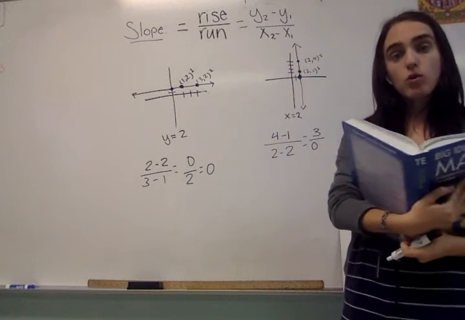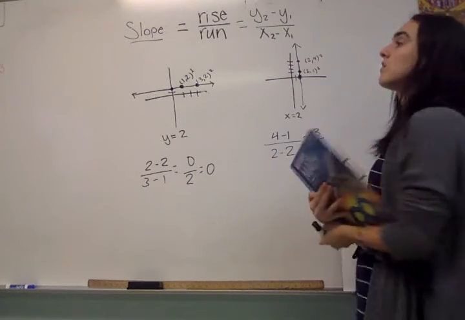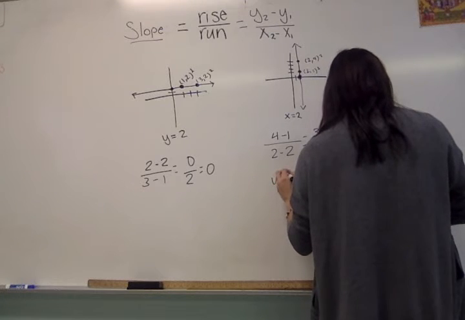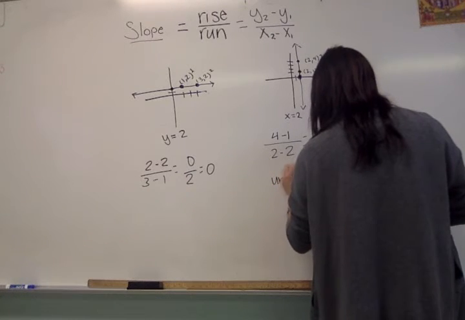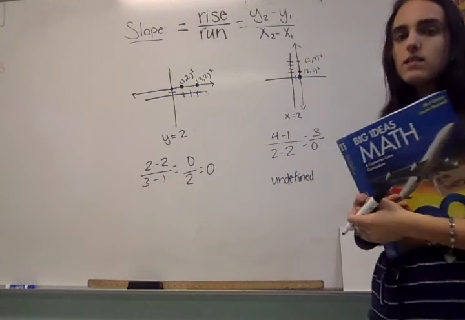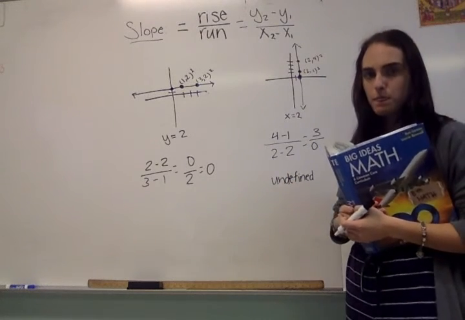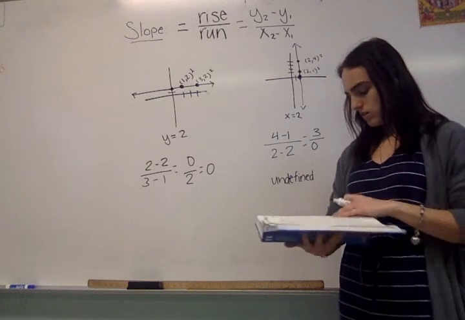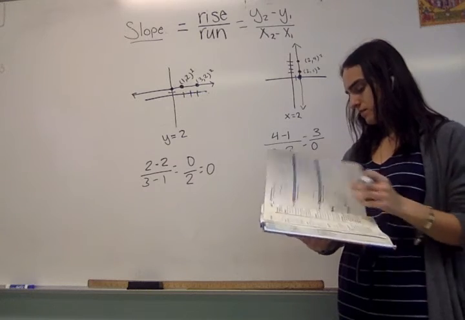So the slope of a vertical line we call undefined.